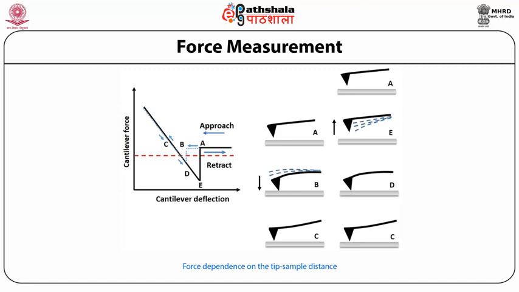After full extension at the extreme left of the plot at position C, in black color, the scanner begins to retract. The cantilever deflection retraces the same curve. In position E, the scanner retracts enough to make the tip spring free.